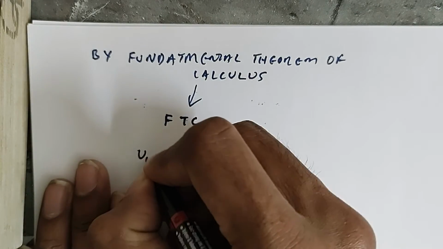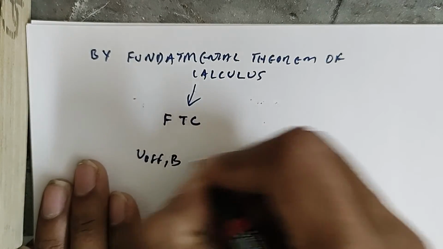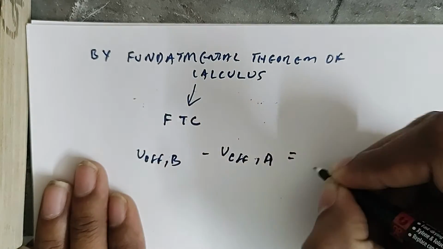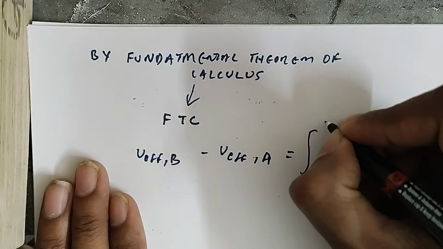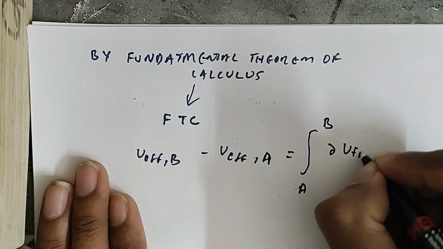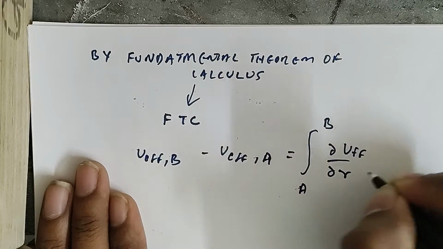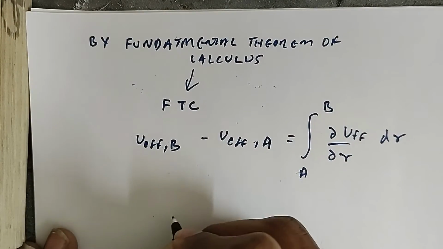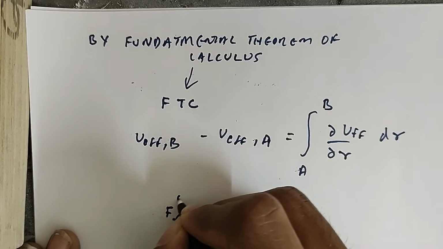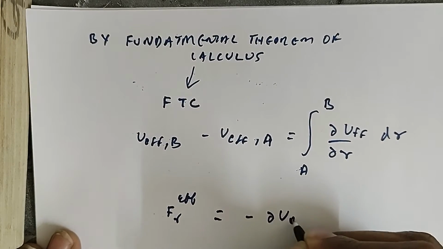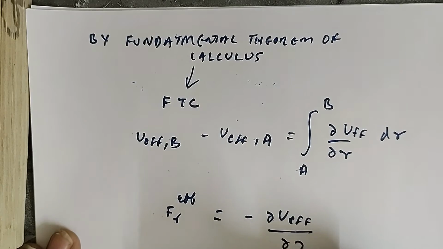We get U effective at B minus U effective at point A is equal to the integral from A to B of the partial derivative of U with respect to r, dr. Thus, we define a quantity F vector effective equal to minus dU effective upon dr.